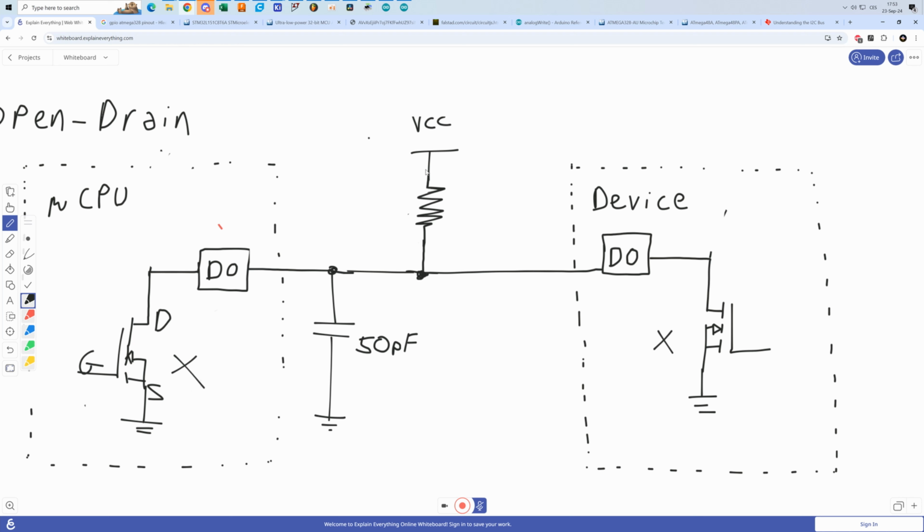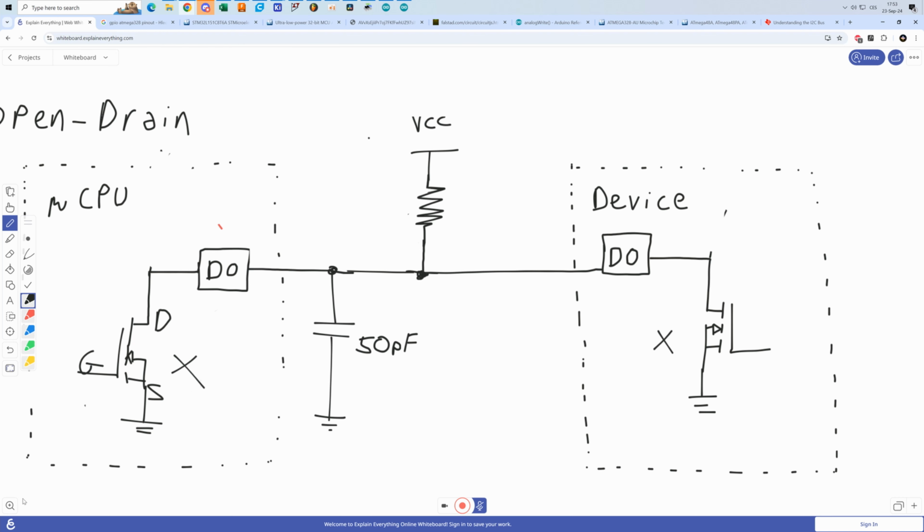It's going to be charged by this resistor over here. And this resistor, as I've already said, can be quite substantial. It could be kilo ohms. So it's going to take some time before even this very tiny capacitance is charged. This time is usually going to be very, very short, but remember, if we want to transmit at very high speeds, even nanoseconds are very noticeable.